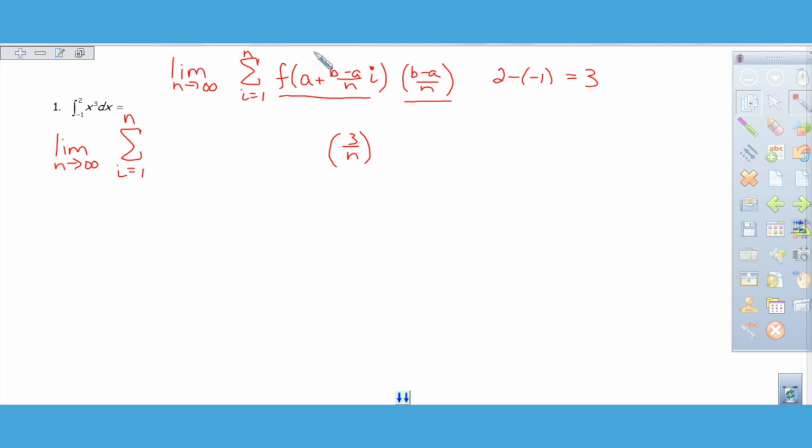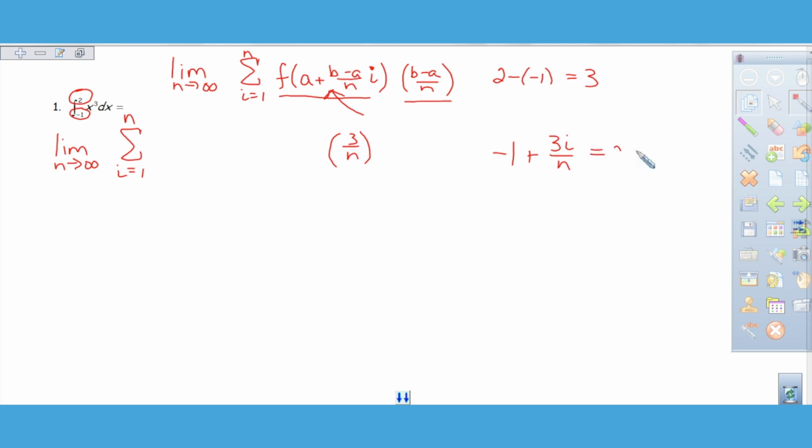So this piece says you're going to put this, whatever this is, inside of the function. So let's write out what that's going to be. What is a? a is negative 1. So negative 1 plus 3i over n. That is the x of that function. That's like the x of the function, right? f of x, where a is negative 1, b is 2, and b minus a is 3, and then over n, and then that i is just the counter.